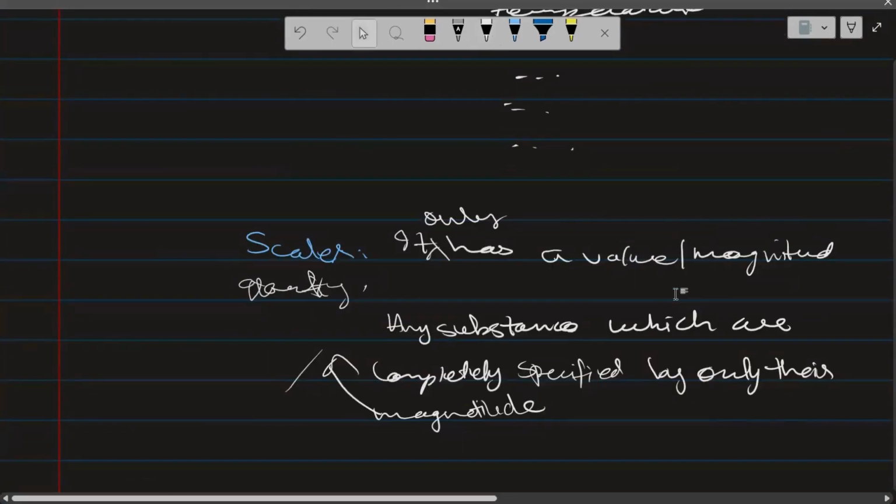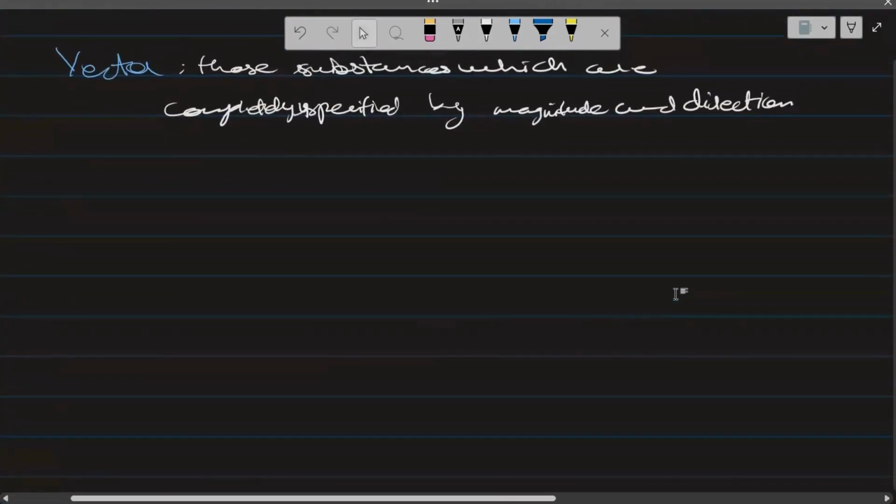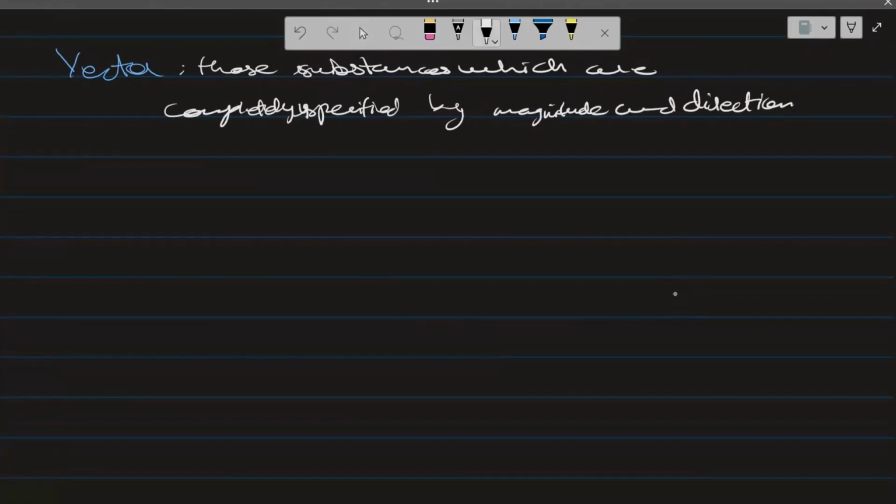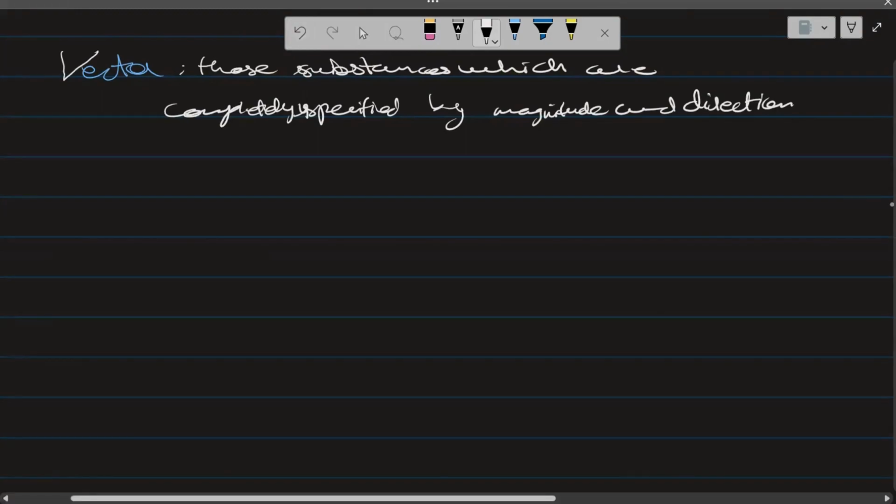So this is the definition of a vector quantity.